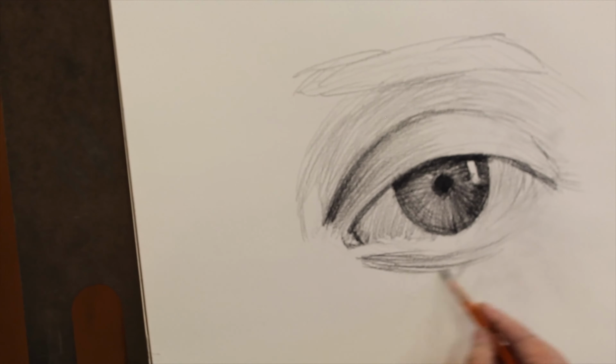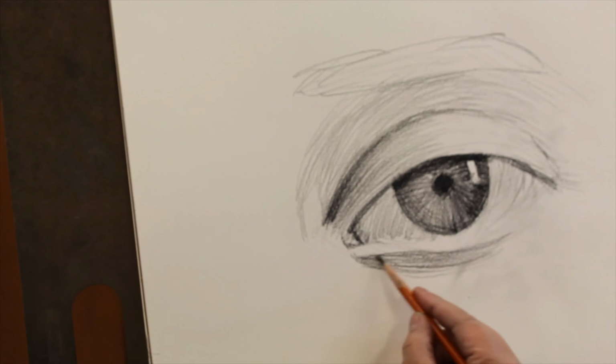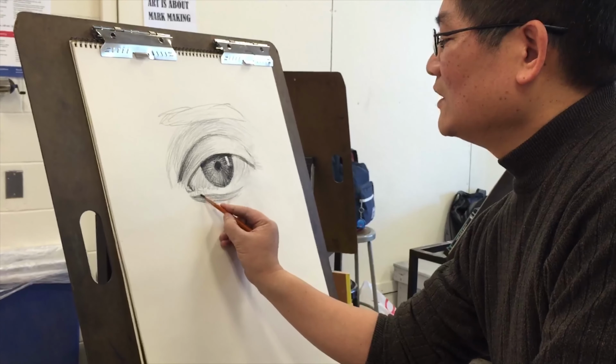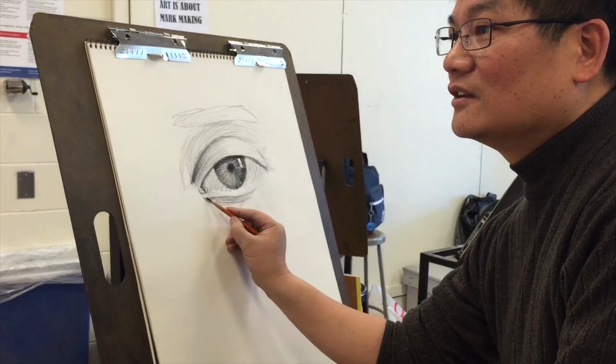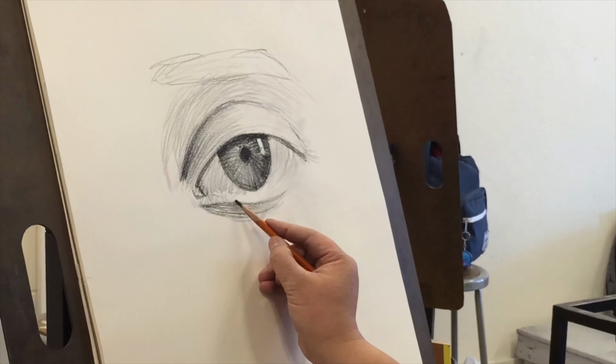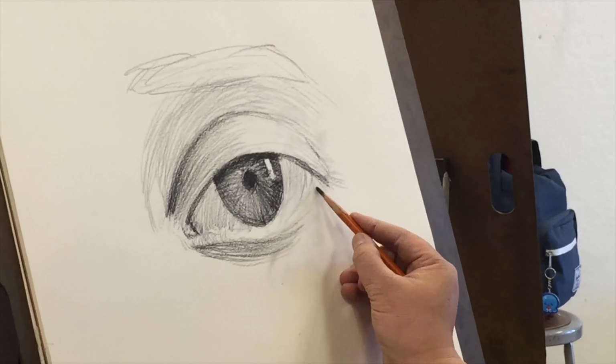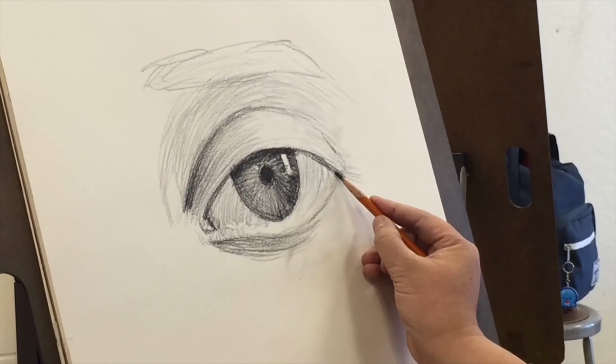Using the cross contour line, you know this part has a little curved line direction coming here. Okay, coming to this side.